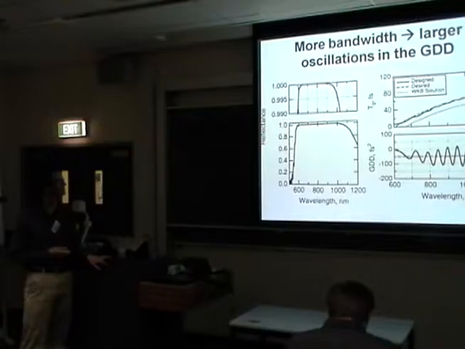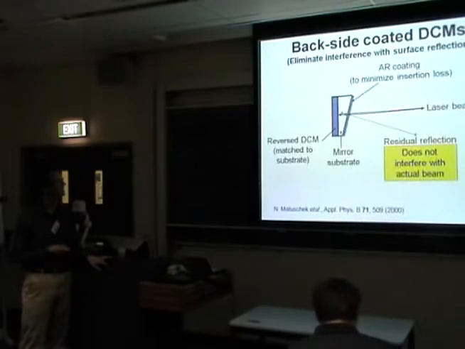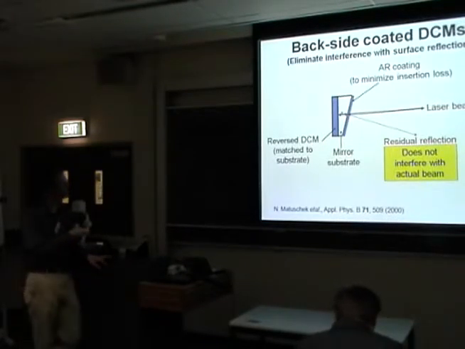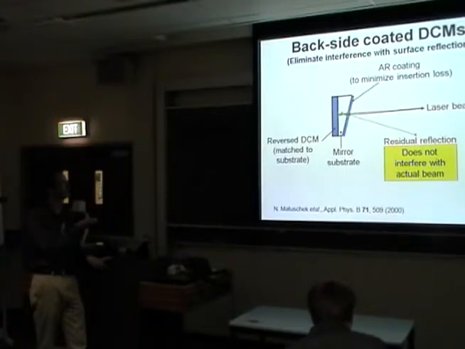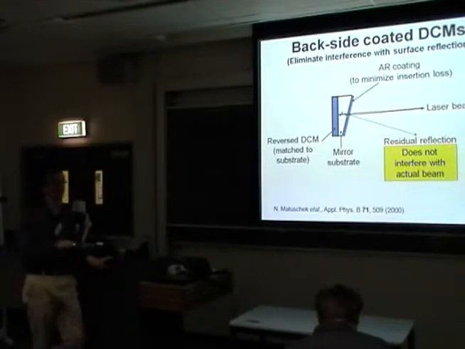Another approach was to actually use chirped mirror pairs, or one suggestion that also came from an ETH group, which actually never really worked, but anyway, that's a nice idea. You grow the mirror on the backside of your substrate. The substrate has a small wedge, so the laser beam comes in, is reflected on your mirror, and comes back, and the residual reflection from our imperfect anti-reflection coating does not interfere with the main laser beam.